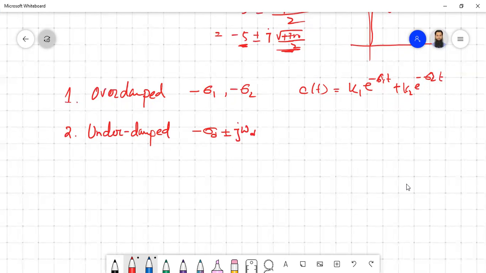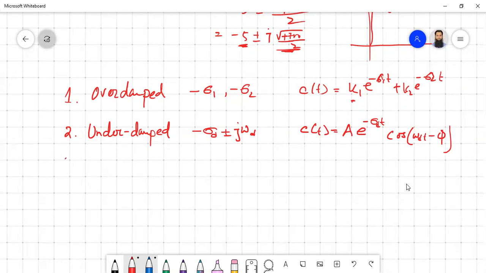So sigma d is damped, and omega d is damped, the damped frequency of oscillation, and also the damping effect, the exponential frequency you can call it. So what type of response are we expecting from this system? It will have some constant magnitude, as well as some damping effect, e to the power minus sigma d t, as well as the frequency of oscillation with cos omega d t minus phi.